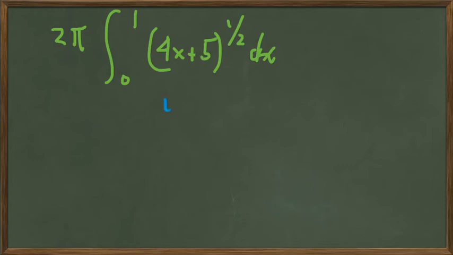So we're going to let u equal 4x plus 5, so that we are taking the integral of the square root of u. And so we note that du is 4 dx, or dx is du over 4.